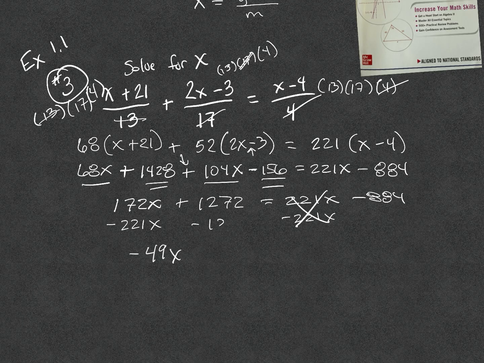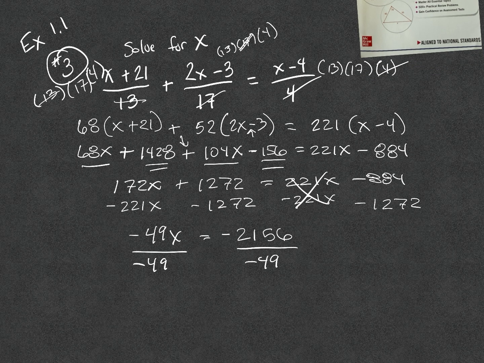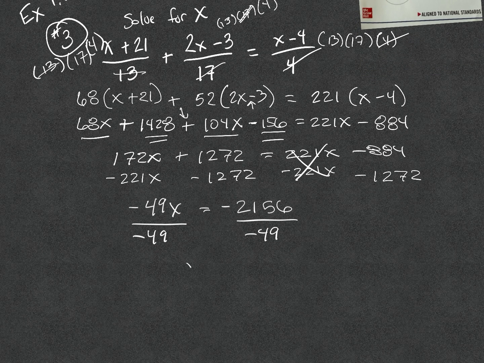Now we will shove this over here, which gives us a negative 2,156, and we divide by a negative. Negative divided by a negative goes ahead and gives us a positive answer of x equals 44.